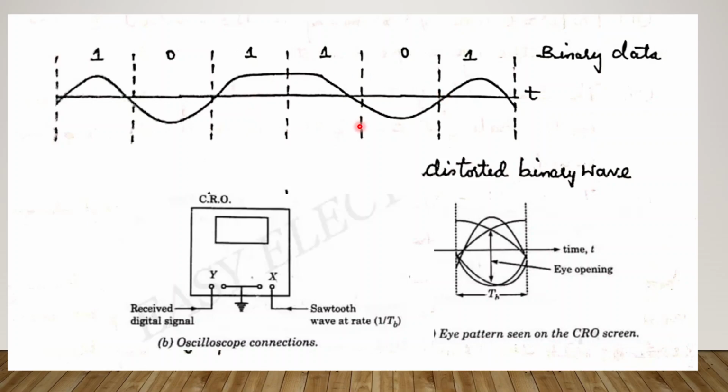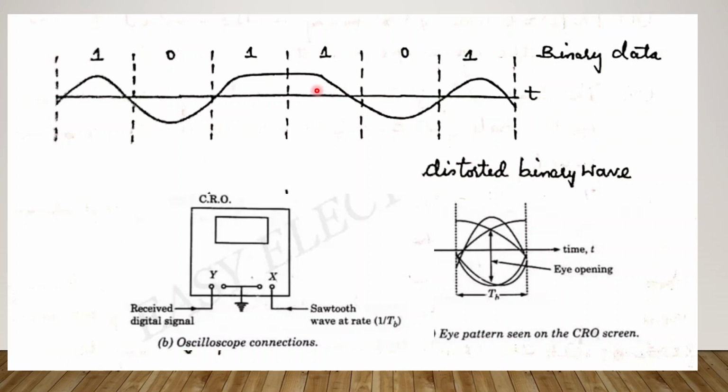So, this is the received distorted binary wave. Here we have used the polar representation. Polar means the binary 1 is represented by a positive voltage and 0 is represented by a negative voltage. So, it is called the polar representation.